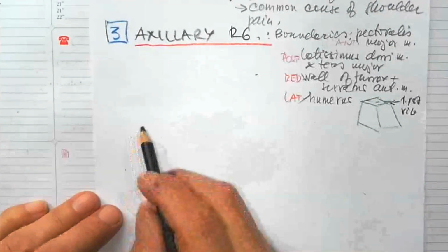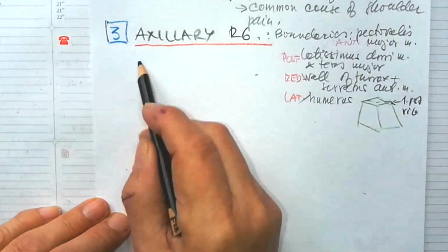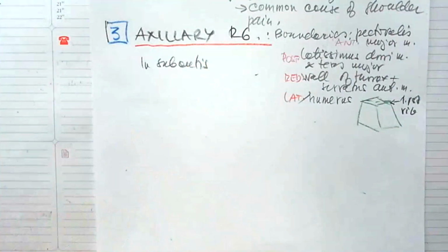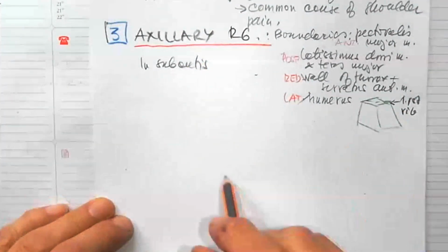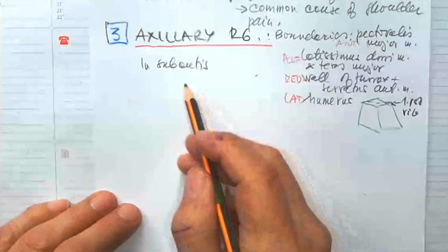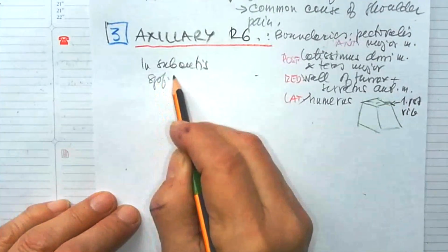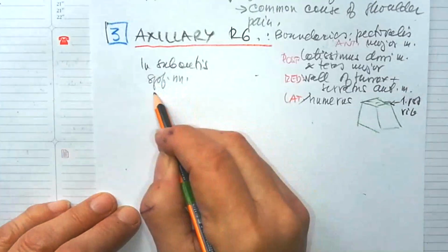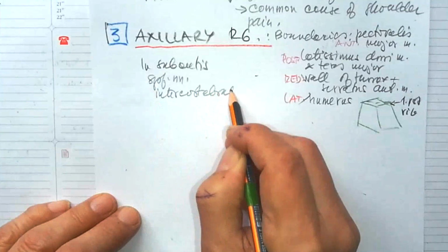Concerning the contents, we have to say that first of all, in the subcutis, because the skin is relatively thin, we can see the superficial nerves, number one, and we would name the most important one, intercostobrachialis.